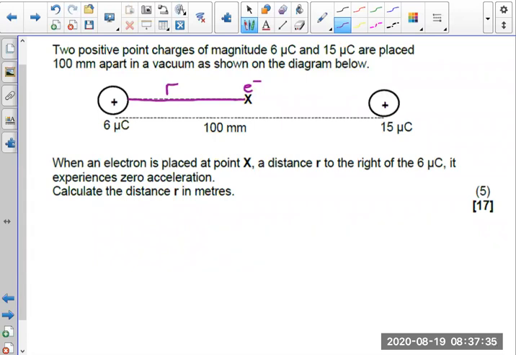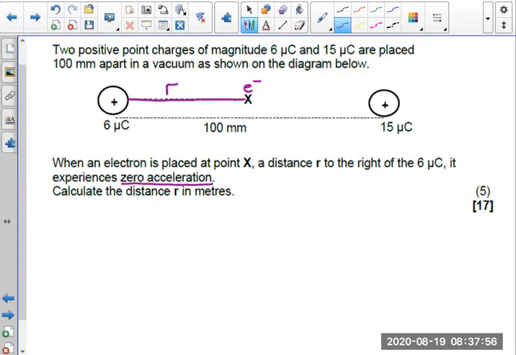Now, what we need to do is, they say, an electron is placed a distance R to the right. Now, that's an electron. To do this, they say that it experiences zero acceleration.